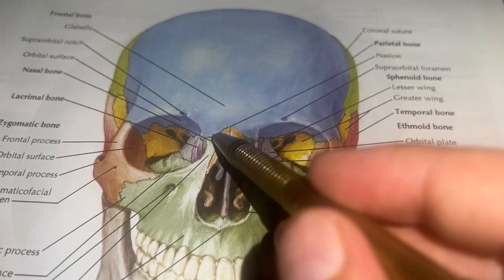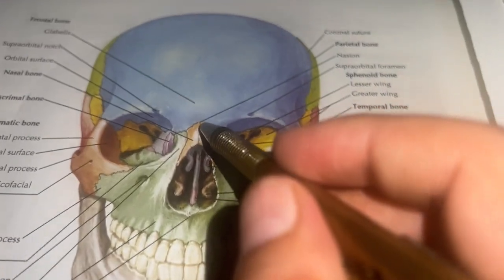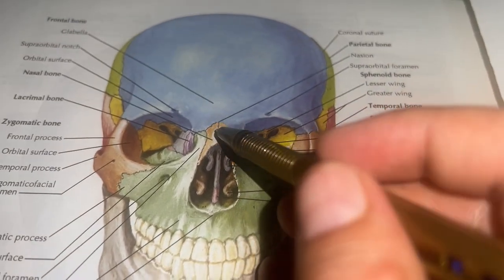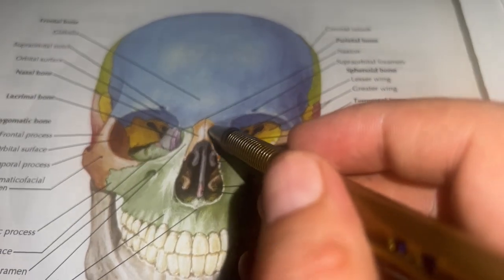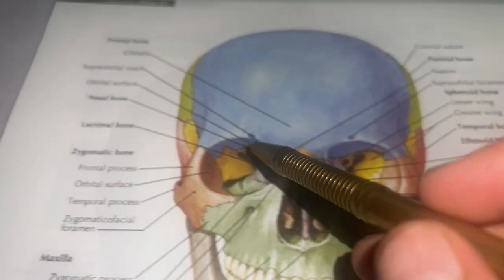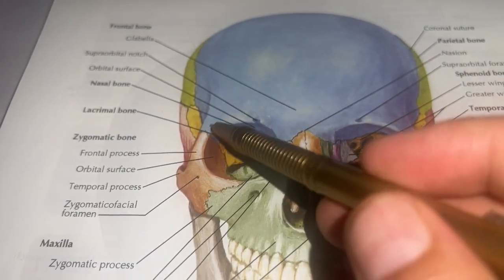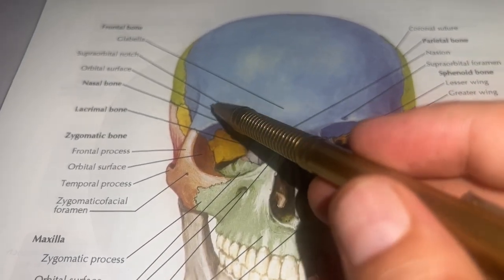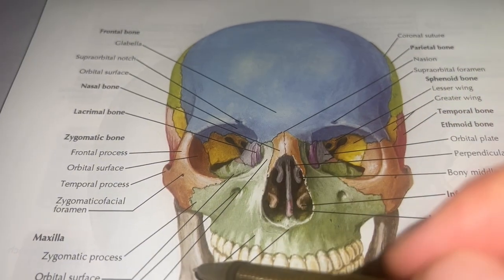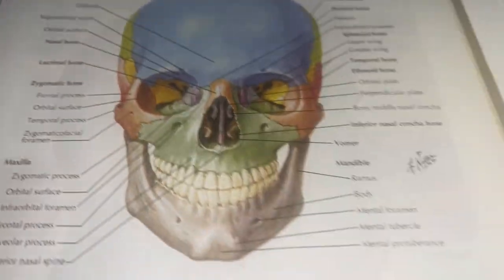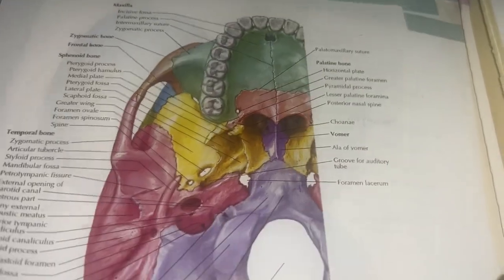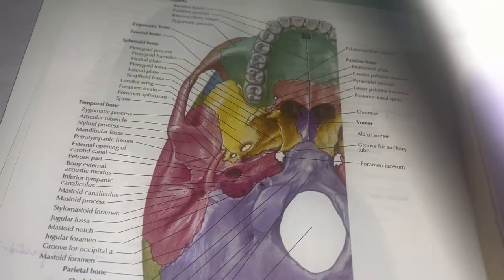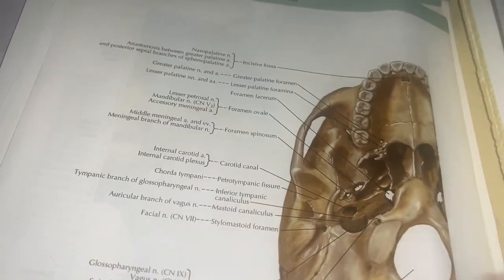The suture between the frontal and nasal bone is the frontonasal suture. The suture between the two nasal bones is the internasal suture. Between the frontal and zygomatic bone is the frontozygomatic suture. So these are the sutures in the Norma Frontalis view.